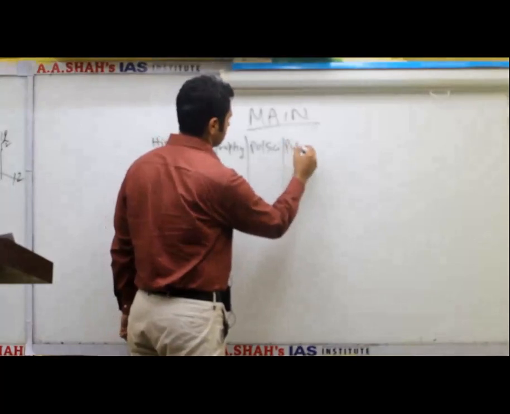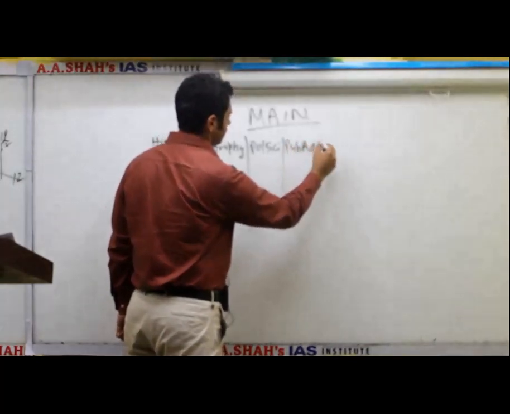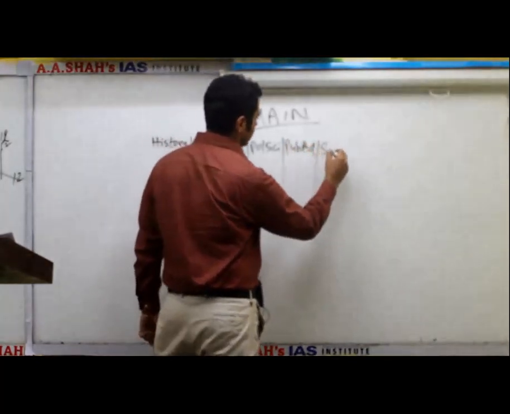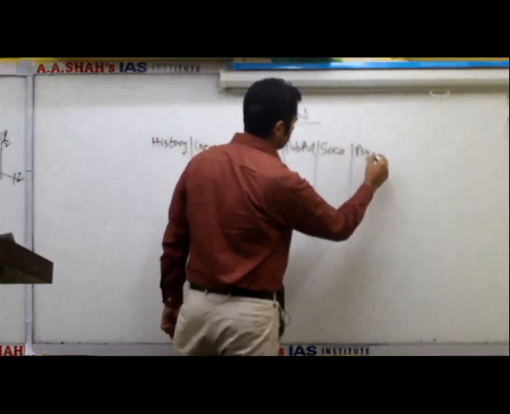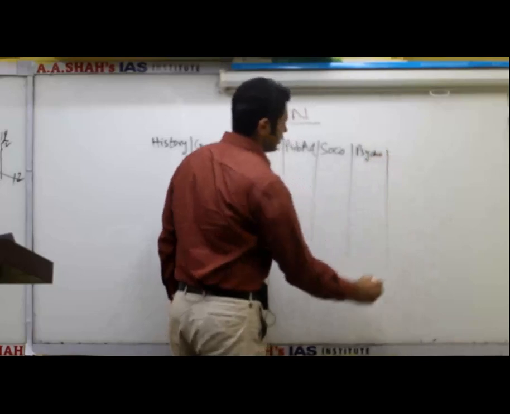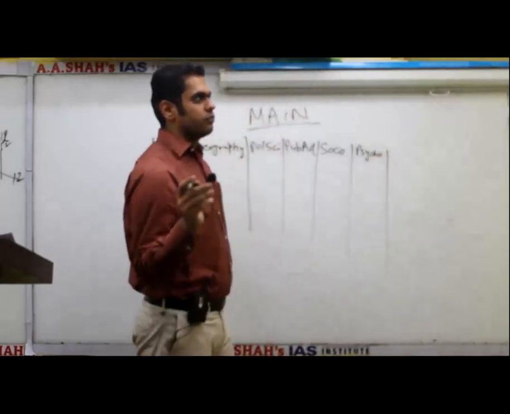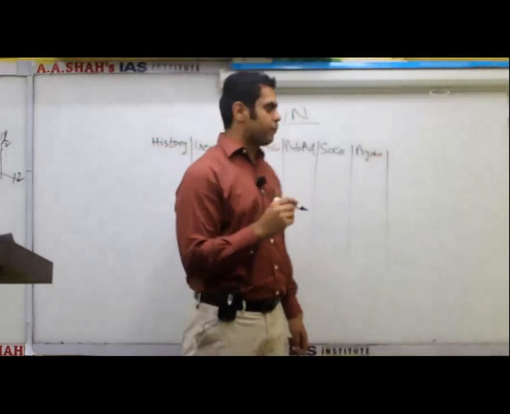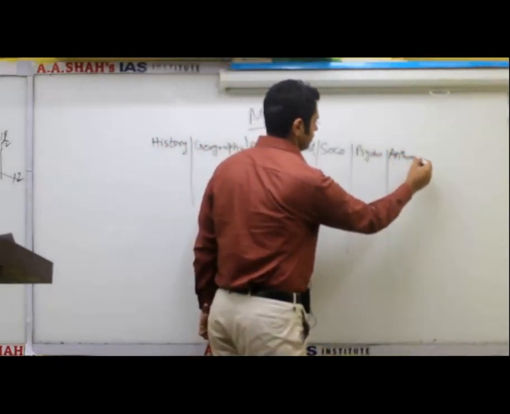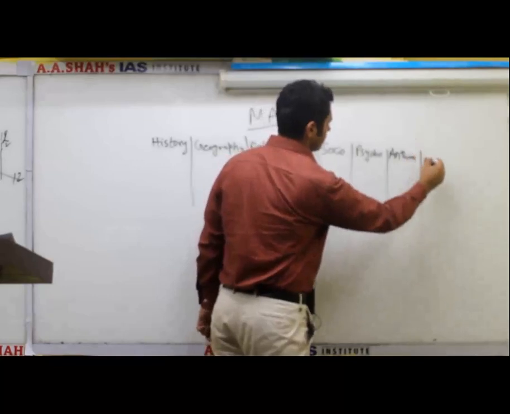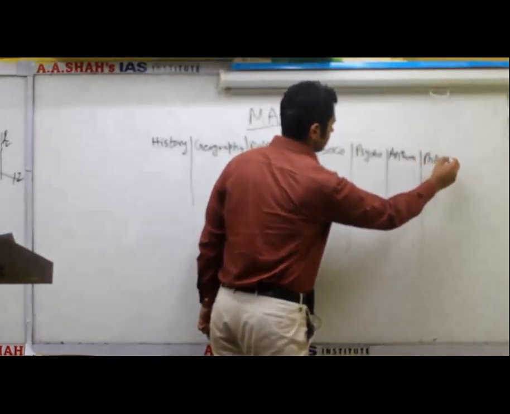Fourth is your PubAd, that's public administration. Then comes sociology. Then comes psychology. And then an optional which has recently become very popular comes anthropology. And then one more optional maybe is philosophy.